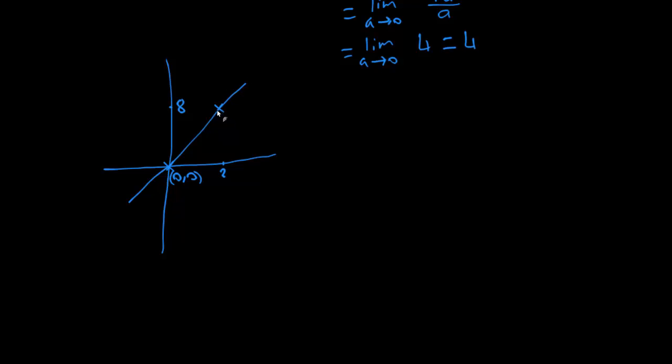And so if we wanted to find the gradient the old-fashioned way, how we would do it before, all we'd have to do is work out, well, what's the change in y here, and what's the change in x? Well, the change in x is 2, and the change in y is 8. So the gradient, if we were finding that without using differentiation, would be change in y, 8 over 2, which is the change in x, and just gives us 4. So it kind of works both ways.